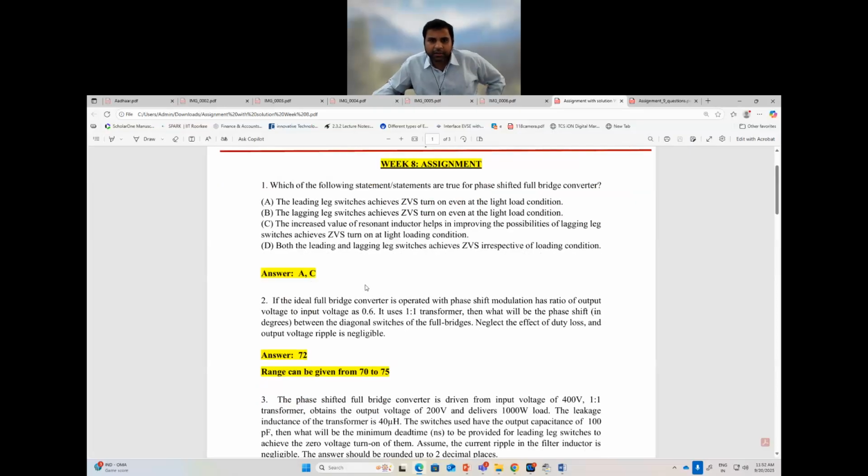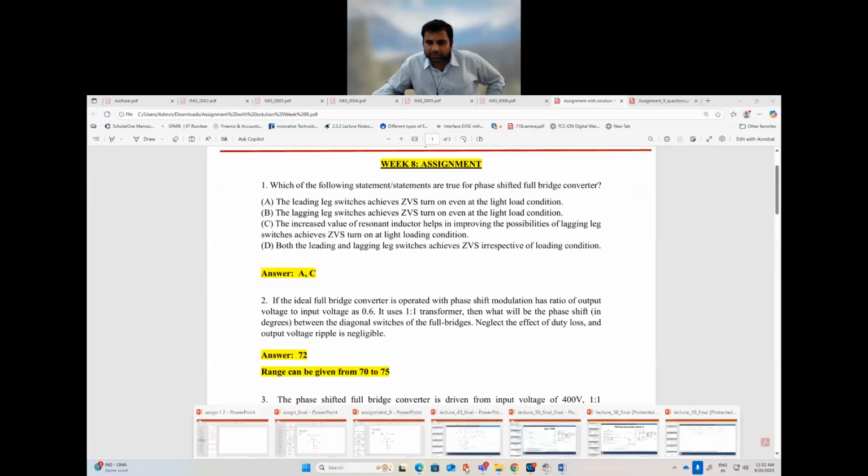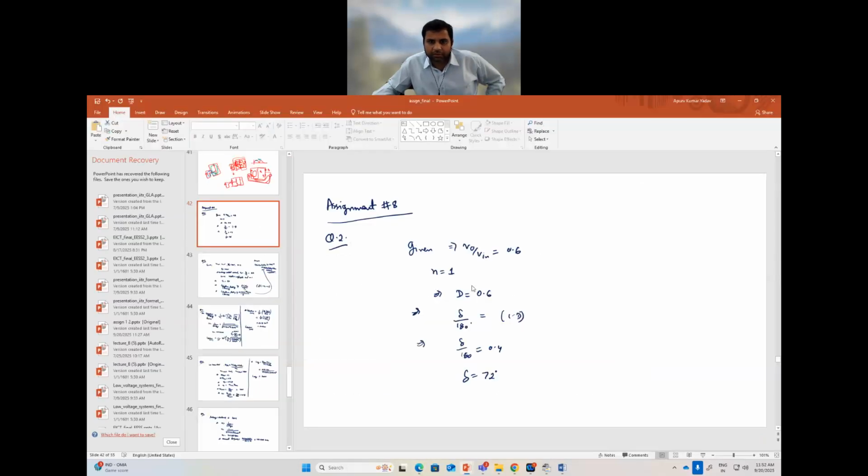In question number 2, it is straightforward. We know the V naught and V in expression, since it is a Buck derived topology, V naught is equal to N V in D, where N is given as 1:1 transformer, so N equals 1.